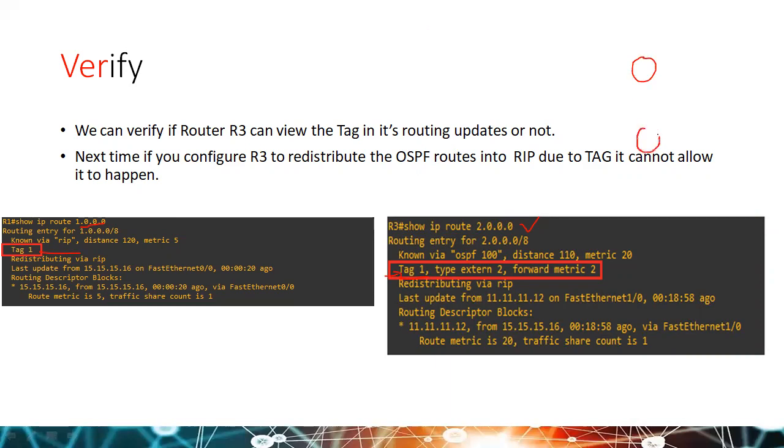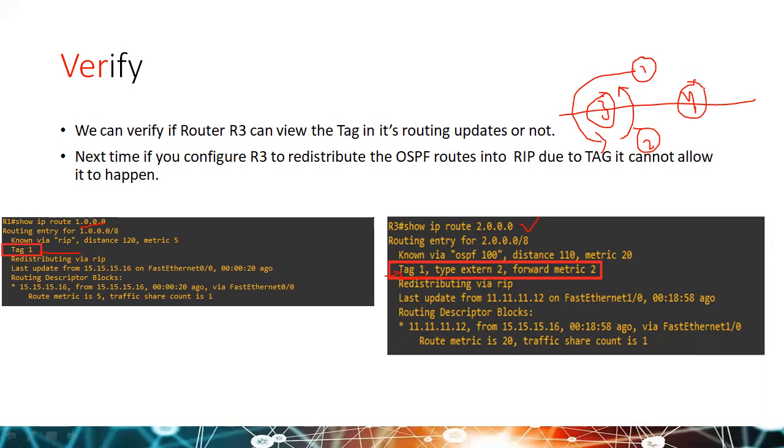Let me summarize again. This is router 1, this is 2, this is 3, this is 4, for instance. Any route which is advertised from 1 into 2, R3 will do the job for us, and R3 will also help us advertise anything it learned from over here.